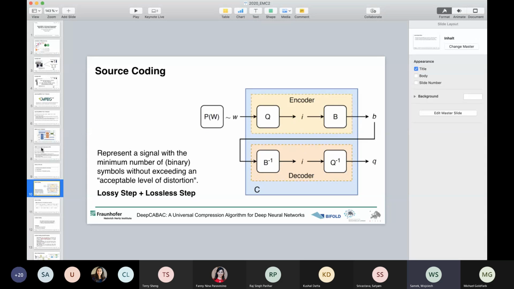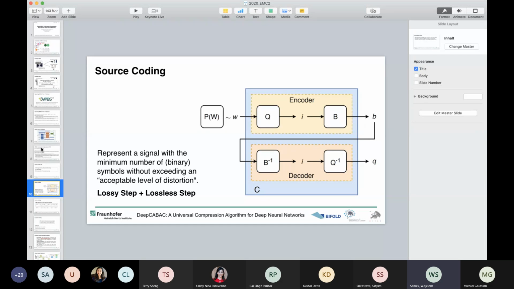And practically, you assume that your data comes from some stochastic source, so P of W in this case, and then you have some encoder, which consists of a quantization step, which is a lossy compression step, where you reduce the information content in your signal, and then you have some lossless compression step, some binarization, for example, and then you are able to represent very efficiently the signal you wanted to compress.